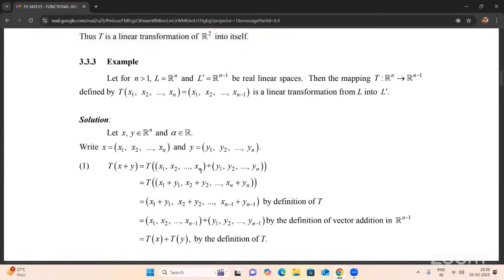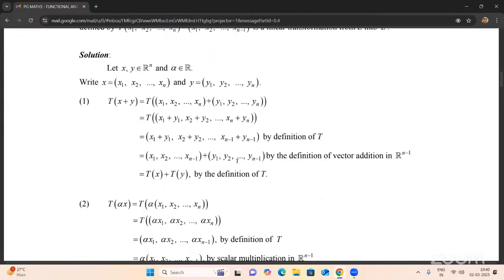Now, by the relation, the transformation of (x1, x2, and so on, xn) is the image (x1, x2, and so on, xn minus 1). So, again, x1 means x1 plus y1, x2 means x2 plus y2, and so on, up to xn minus 1 plus yn minus 1.